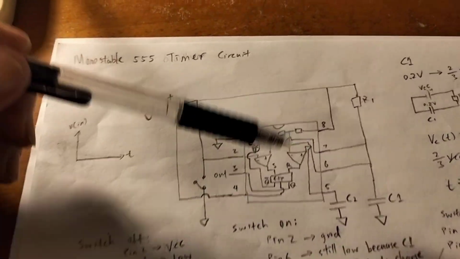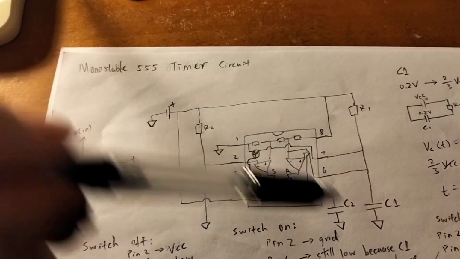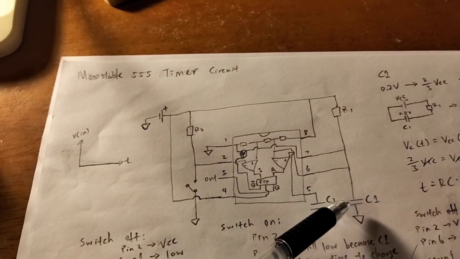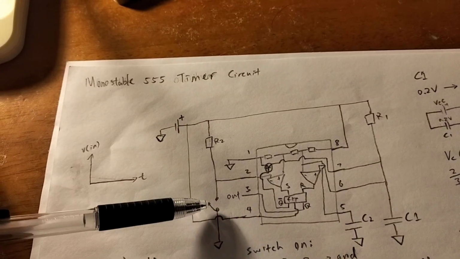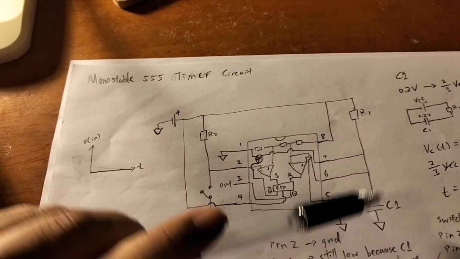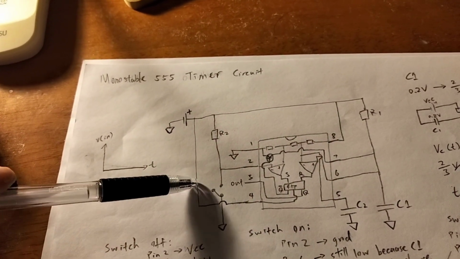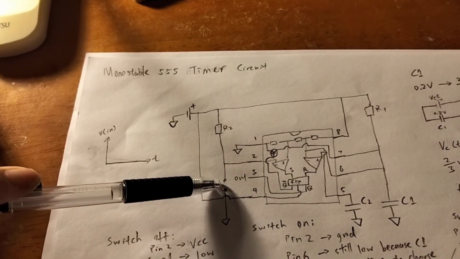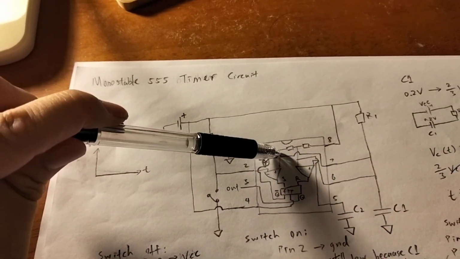There's another question, which is, why is it that the discharge of the capacitor is so quick? When we switch on the switch, the capacitor charges very slowly through R1. But when we let go of the switch after holding it for more than 10 seconds, why is this discharge so quick?